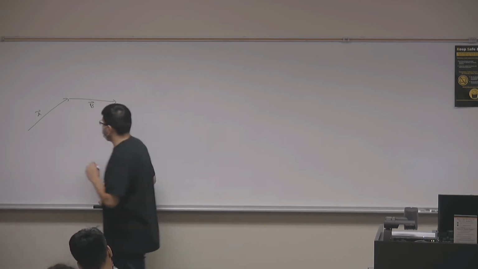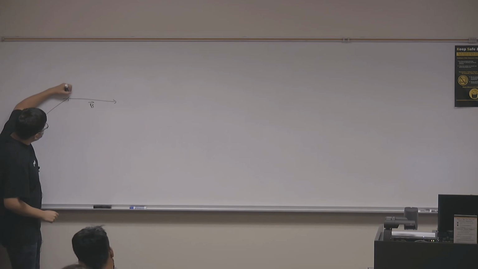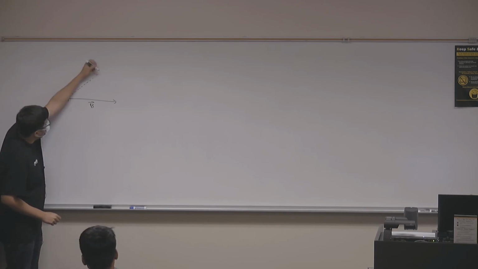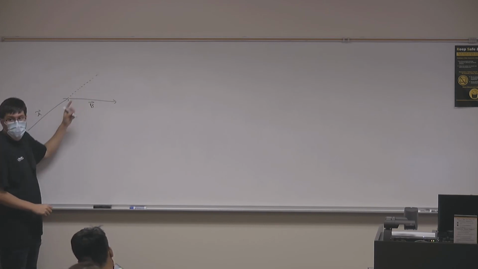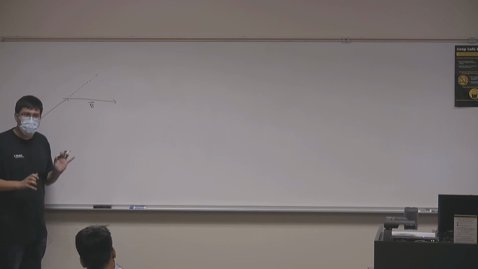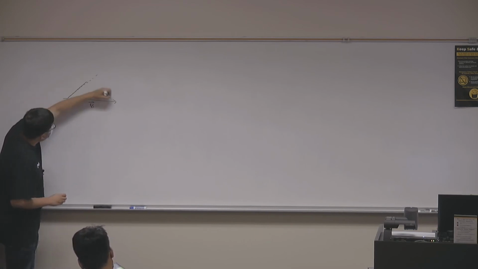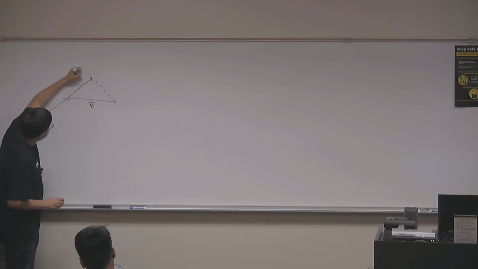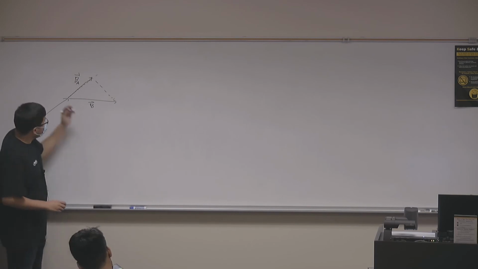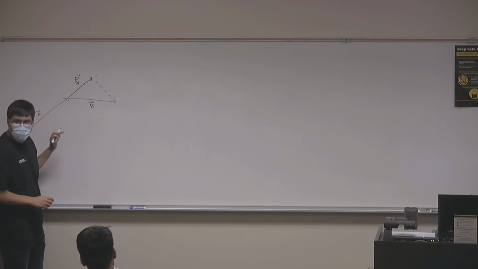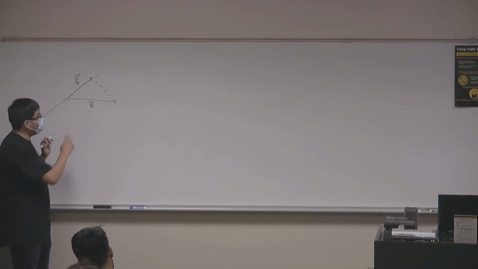And how do we do that? What we're going to do is find the component of B along A, the component. Do you guys remember components, right? So the component of B along A will be this one. I'm going to call it B sub A. And now I have two vectors in the same direction, and then I can multiply them.